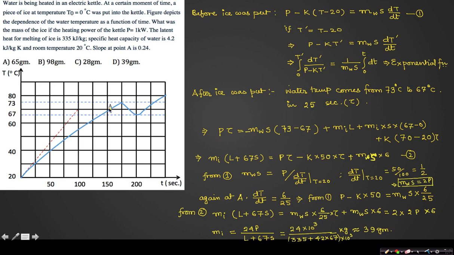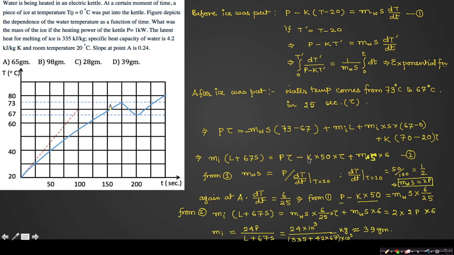So P minus k into 70 minus 20, which is 50, is equal to mw into s into dT by dt. Right? So I can say that P minus k into 50 is equal to mws into the slope at this point A, which is mentioned in your question as 0.24. 0.24 means 6 by 25.